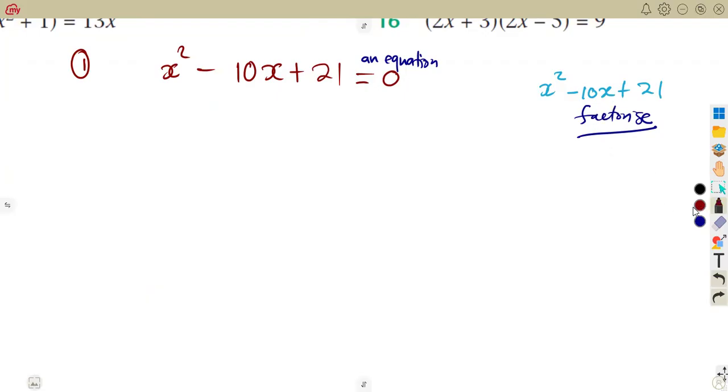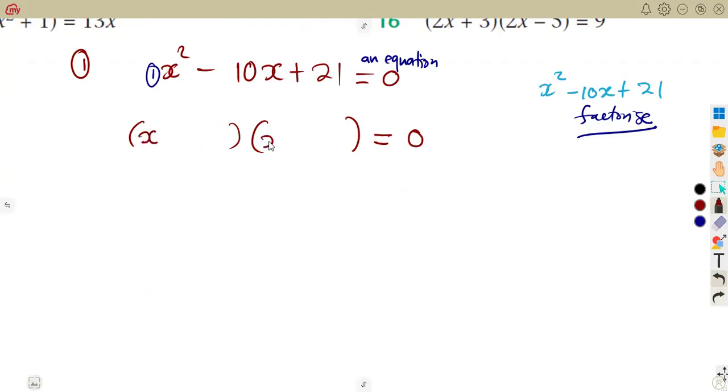Okay? When the coefficient of x squared is 1, as we can see in this case, we do understand that we're just going to have the 2 brackets. We equate to 0. The moment that we are dealing with an equation, the equal sign is supposed to be maintained throughout. So we're going to have our 2 brackets.